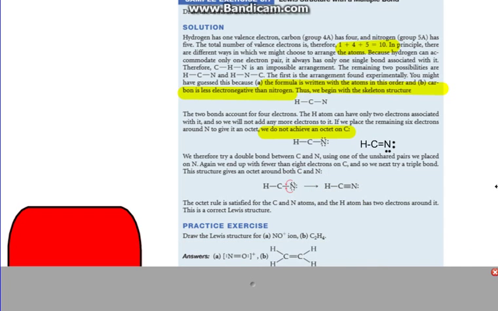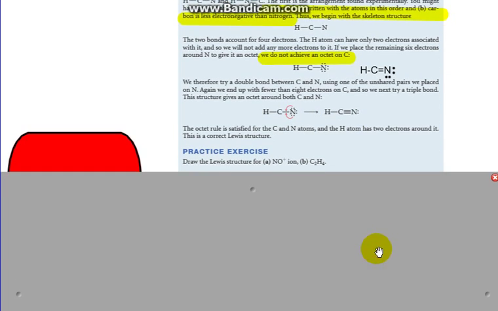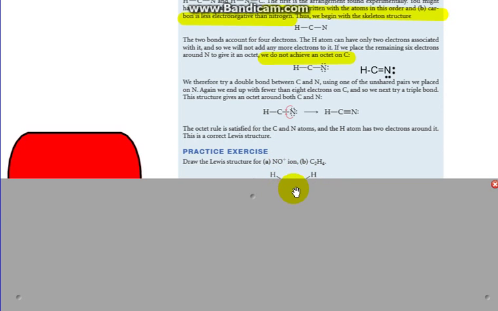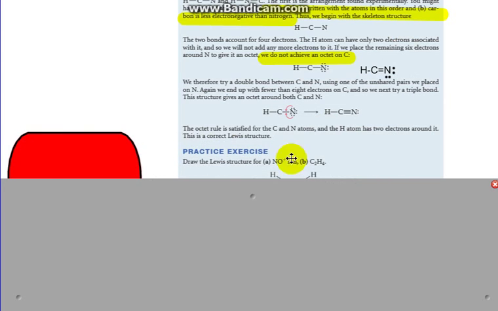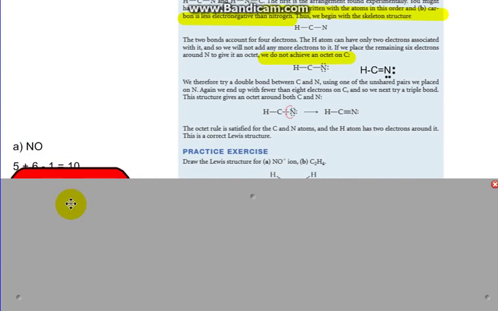Now earlier on I mentioned what happens if we have ions, an NO plus ion. So N and O. N is group 5, O is group 6, so there's 5 and 6 electrons respectively there. But the positive charge means that we lost an electron. So we've got to subtract one from there.